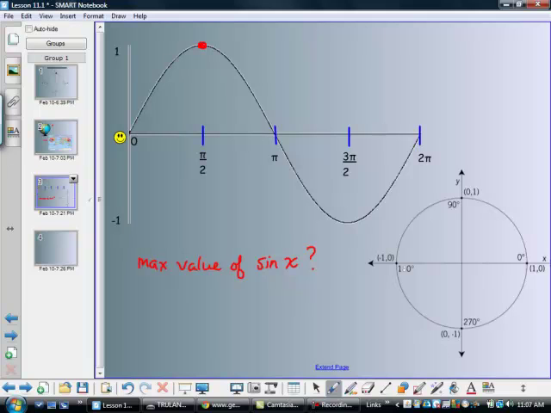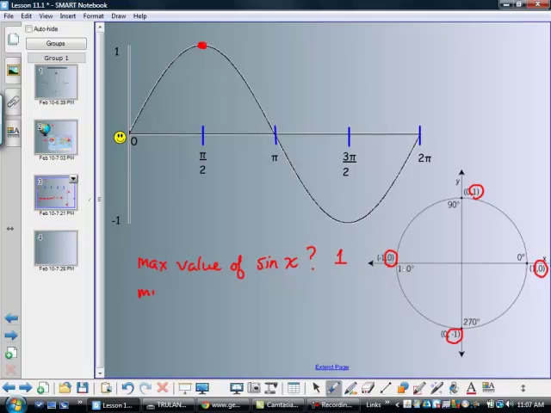So the maximum value is 1, which happens to occur at 90 degrees, or pi over 2. Whereas if you're using your unit circle, you'd have to say, okay, sine is my y value. I got a 0, I got a 1, I got a 0, I got a -1. Okay, so 1 is my height. See, it was just easier to look at the graph.